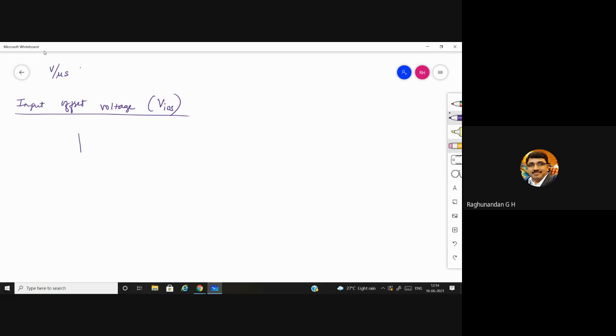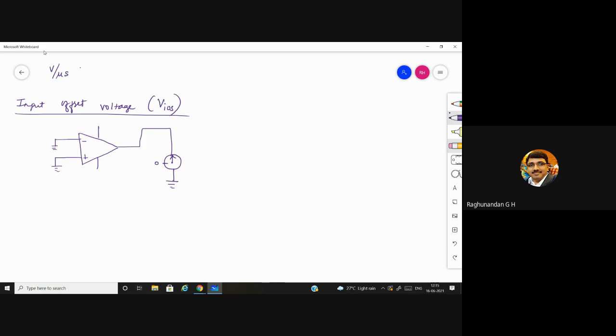So when an op amp is grounded like this, both of them are grounded, if you take a voltmeter to measure the output, let us assume that it is 0 here, and we have an arrow needle which is going to show the value.